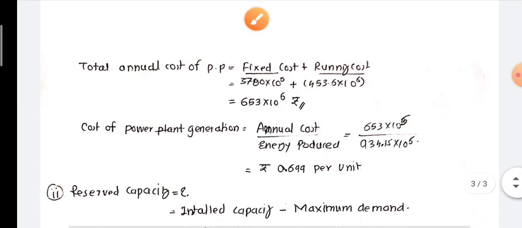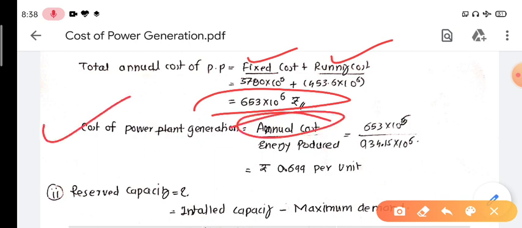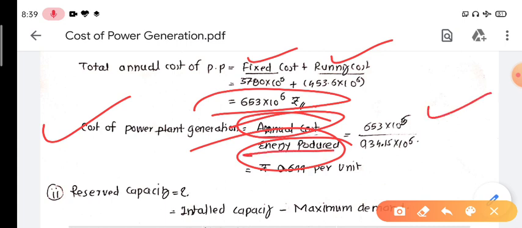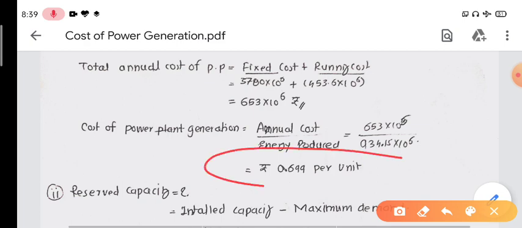So total annual cost will be fixed cost plus running cost, which is near about 653 into 10 raised to 6 rupees. Cost of power generation will be annual cost divided by energy produced. Annual cost we have determined as 653 into 10 raised to 6, divided by energy produced, 934.15 into 10 raised to 6. So this will be 0.699 rupees per unit.